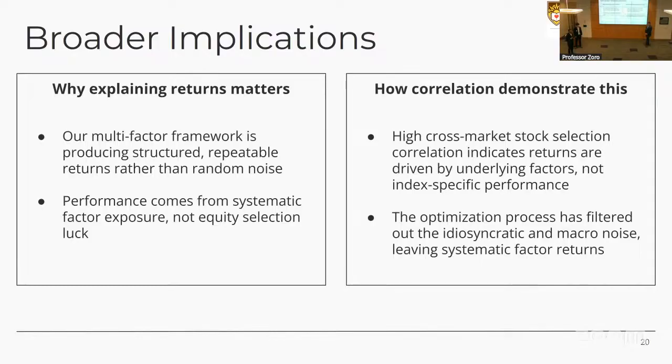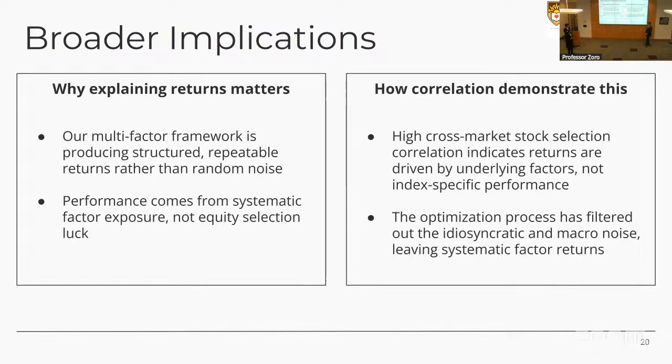So how do we know this? The correlation demonstrates it: we get a high cross-market correlation index of 0.85 on the monthly rebalanced portfolio and 0.73 on the yearly rebalanced portfolio.